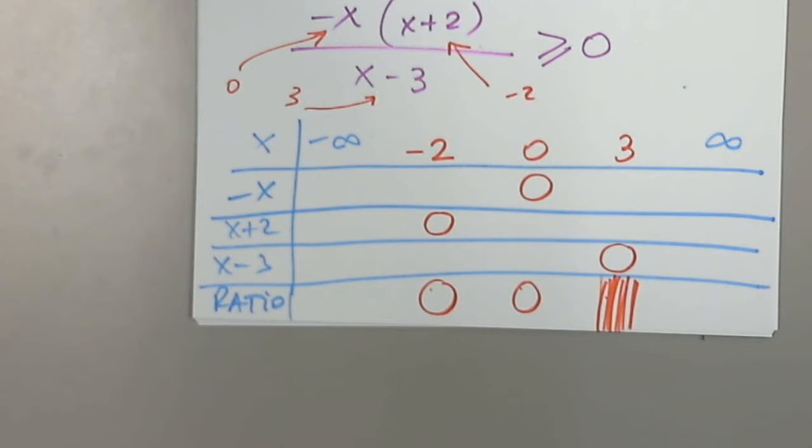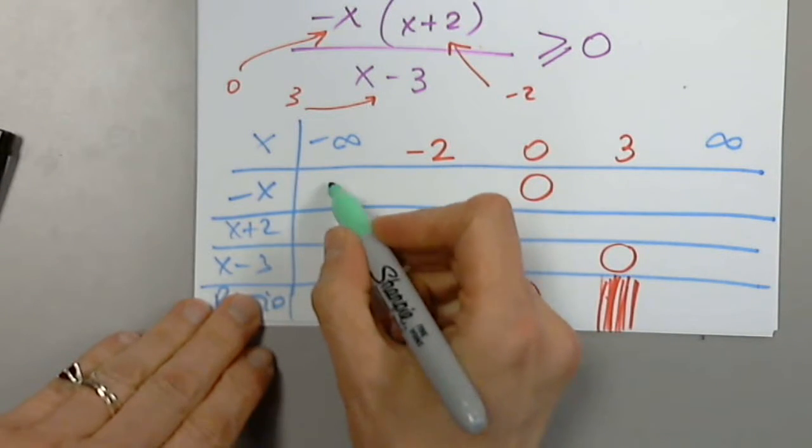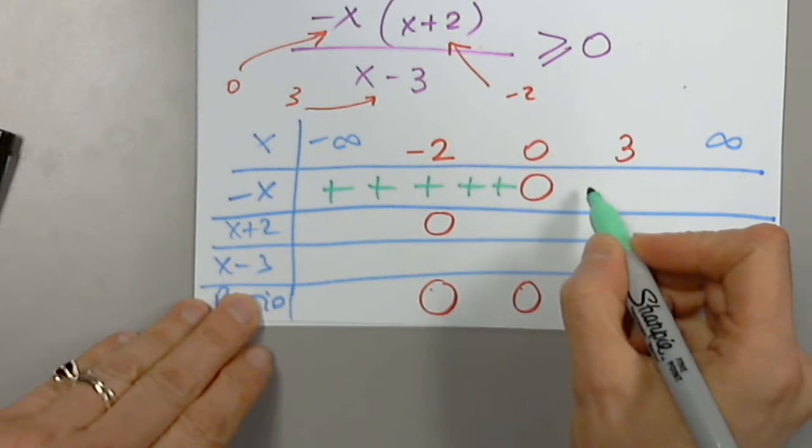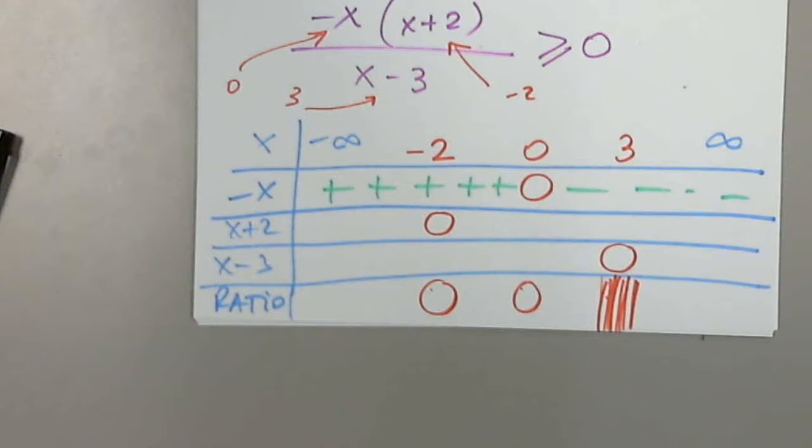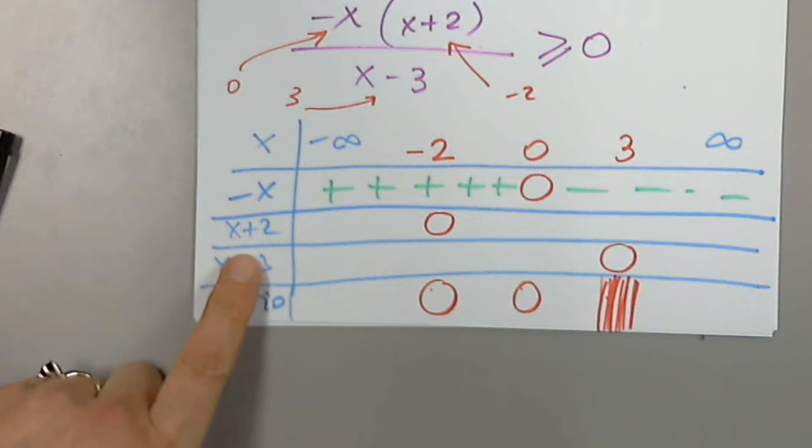Can anyone explain, other than Jason, why this expression is undefined at 3? 0 in the denominator. It's a rational function. It's not polynomial, right? So it's undefined at 3. Good. Can anyone give us the signs for negative x, from what we studied so far? Very good. Can anyone give us the signs for x plus 2?